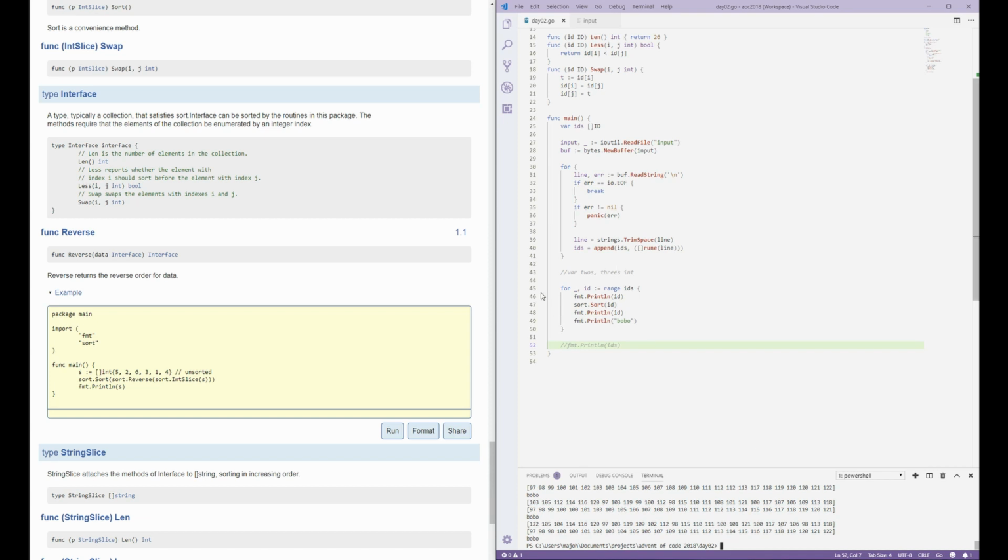Okay, so let's assume that's working. Then we sort the ID. And then we basically just run through it. Let's go through each rune. And let's do look back that.